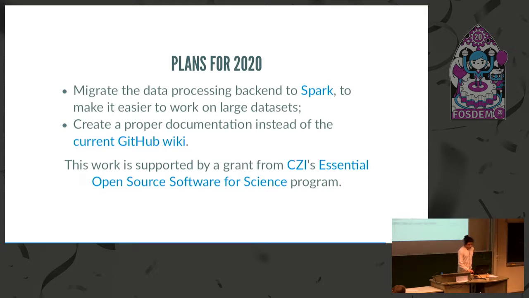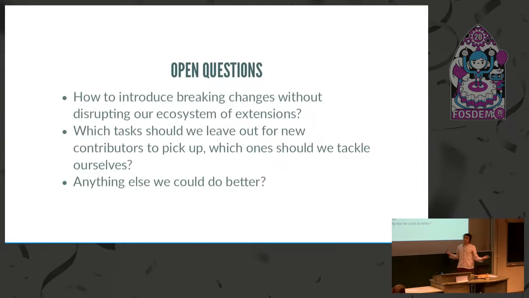I have quite a lot of open questions about how we can better take care of this really nice heritage we have of this interesting project. Because we're trying to revamp the architecture, we have to break quite a lot of integrations with extensions, because OpenRefine has an extension mechanism, so you can add new features on your own.